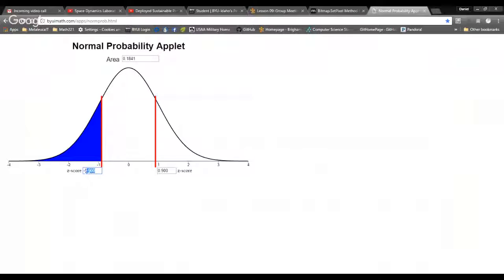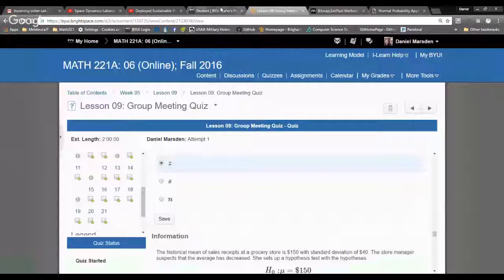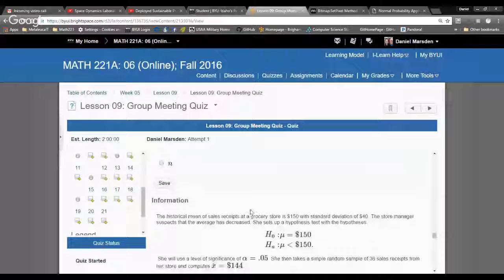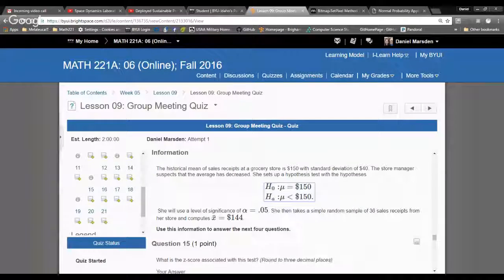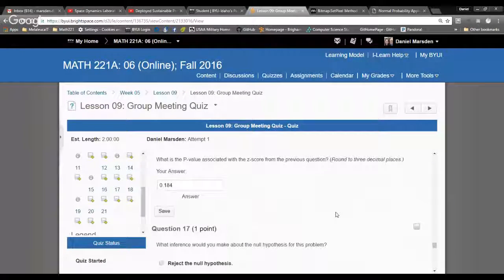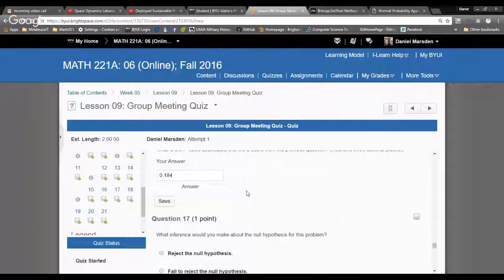Okay, see, I did both sides. I think because we're just using the negative. Well, no, it's because of the way the test was set up, she's testing if it's less than, right? So yeah, I don't know. Could it be wrong? Cool.